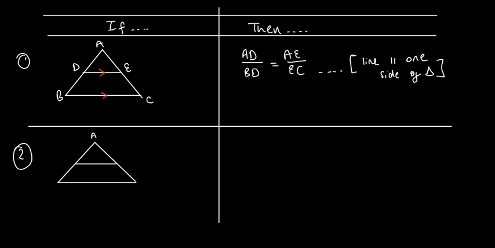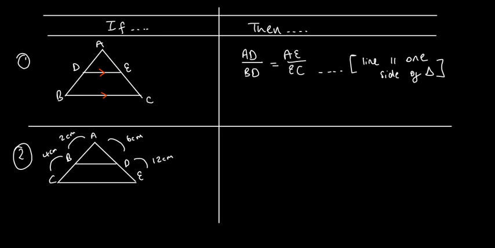This is A, B, and then C, D, and E. Let's say this is 2 centimeters, and this part is 4 centimeters, and this side is 6 centimeters, and then 12 centimeters.